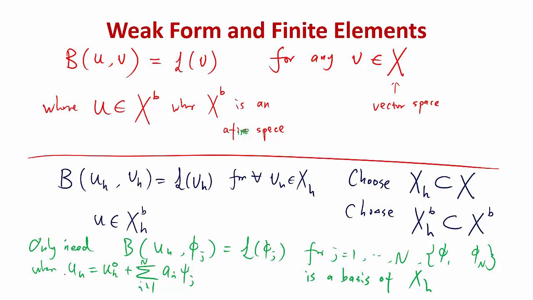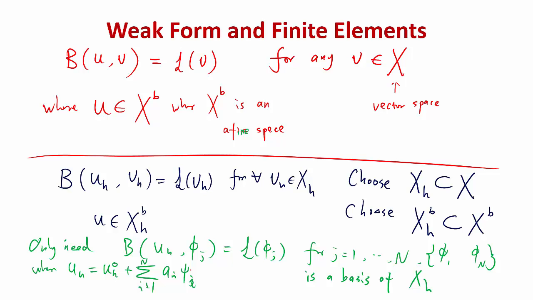But then I can always have a unique map, a bijection, between an element in X_h and a set of real numbers, a_1, a_2, a_3 to a_n. If I have a u_h, I can uniquely derive the set of numbers, given a set of bases psi_i.